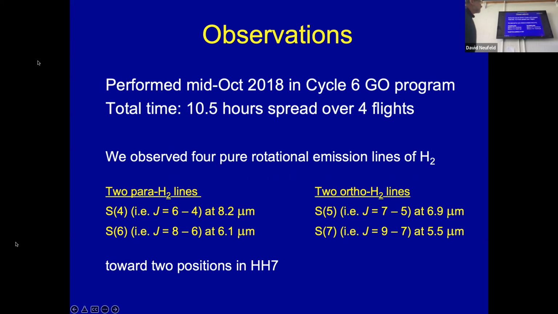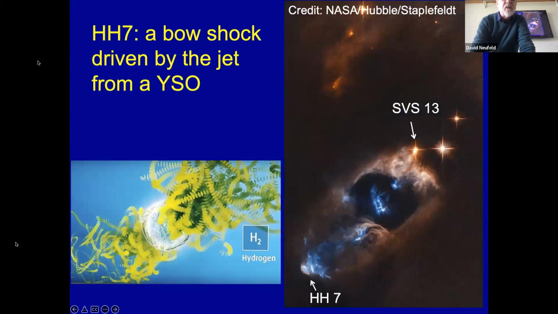So we got some time for this in 2018, and we chose two parahydrogen lines, S4 and S6, and two ortho lines, S5 and S7, towards two positions in a different Herbig-Haro object, actually. Well, those were actually the most easily accessible from SOFIA.